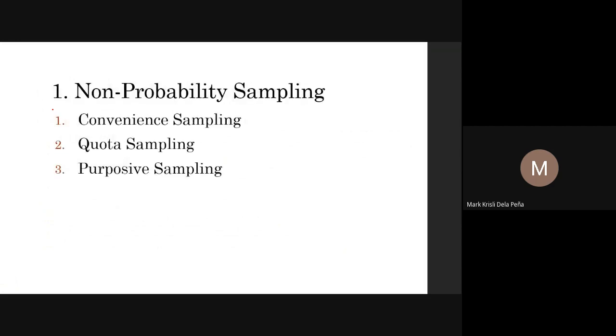For non-probability, we can have convenience, or we can use quota or purposive sampling. When we say convenience, it's based on the convenience of the researcher and or of the respondents. We select people based on who are easily accessible, or who are just willing to take part in the study.